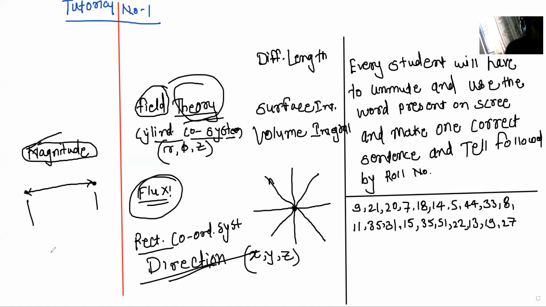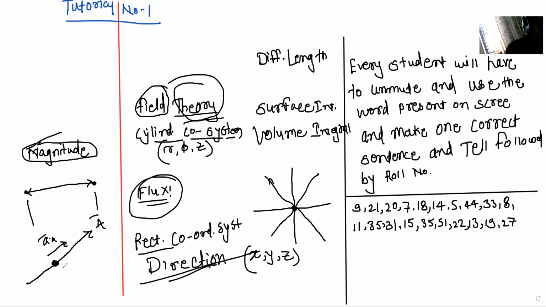Direction is nothing but, let's say, if you are having a vector and you want to find the direction of that vector. At this point you have what is called a unit vector. Let's say if this is vector a bar, you have unit vector a bar a. This unit vector a bar a will be the direction.